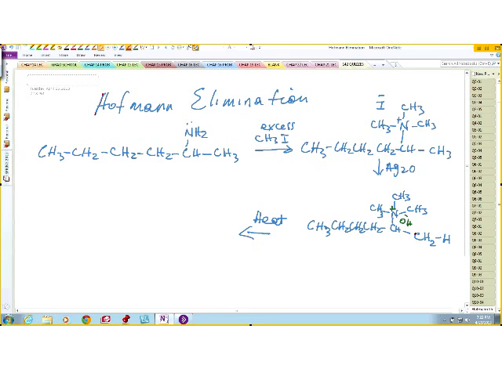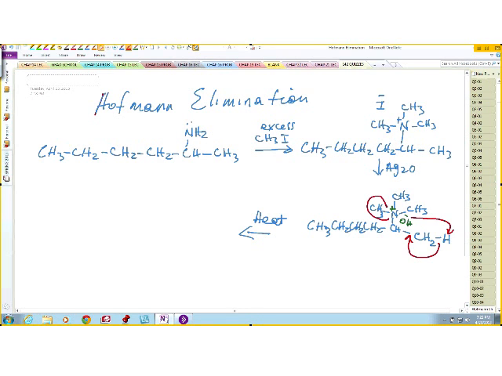This hydroxide will pull this, and in so doing, the electron will come here to form a carbon-carbon double bond between this carbon and this carbon, and you are going to release the carbon-nitrogen bond.